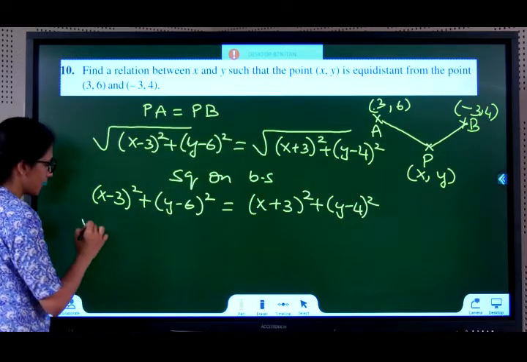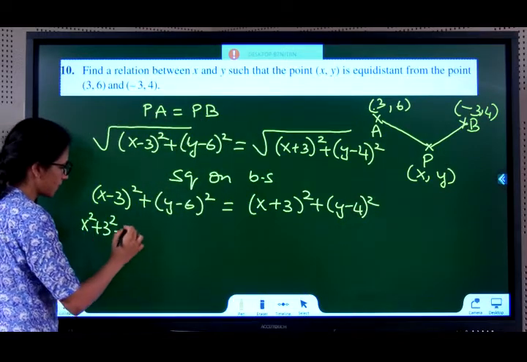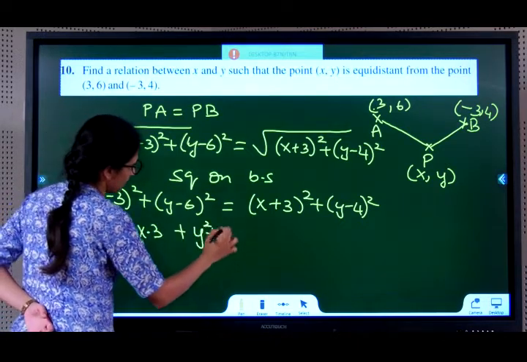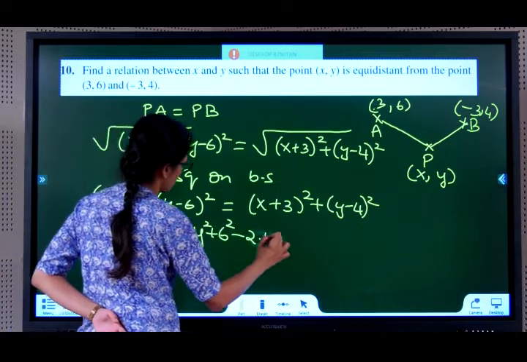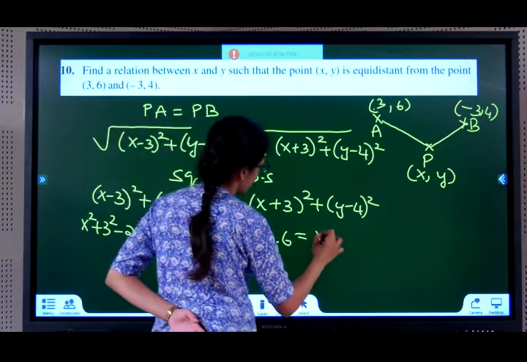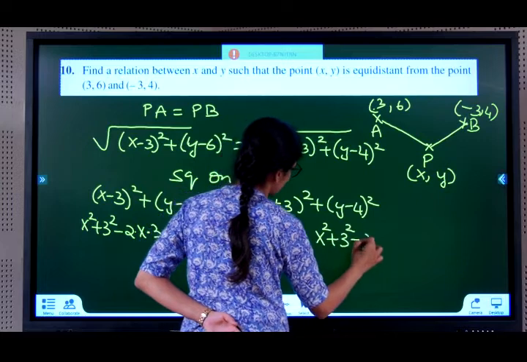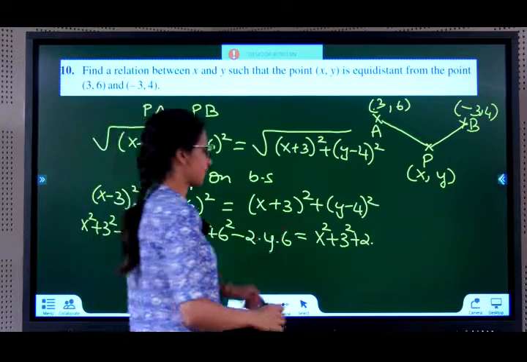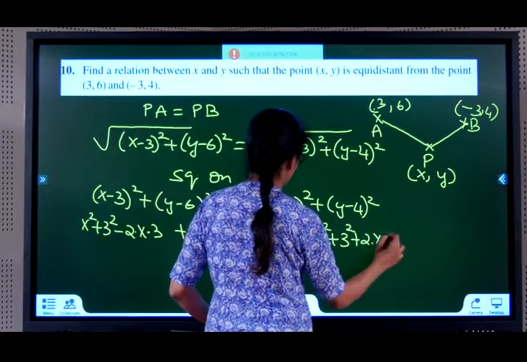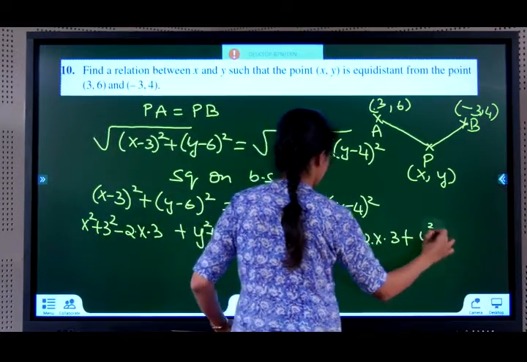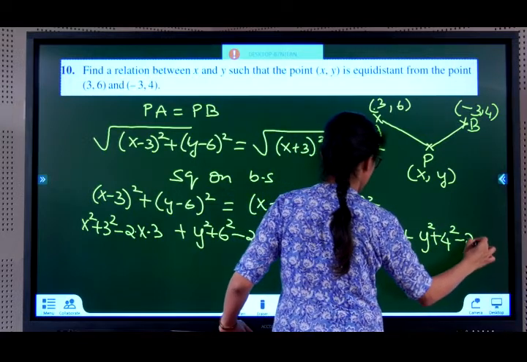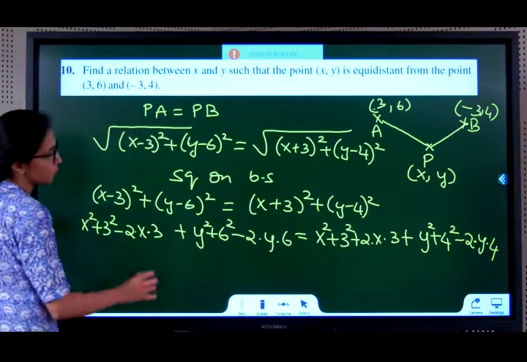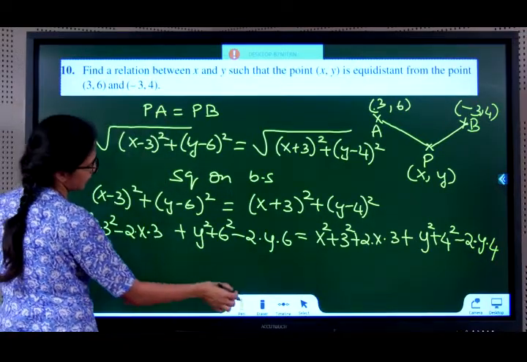Expand it: x square plus 3 square minus 2 into x into 3 plus y square plus 6 square minus 2 into y into 6 is equal to x square plus 3 square plus, why will they be plus here? This is the (a plus b) the whole square formula, plus 2 into x into 3 plus y square plus 4 square minus 2 into y into 4. Be careful while expanding the identity. You have to see whether the sign in between is minus or plus.